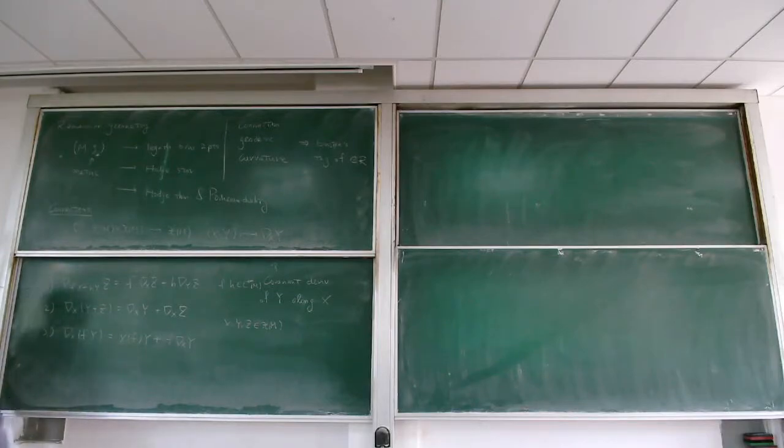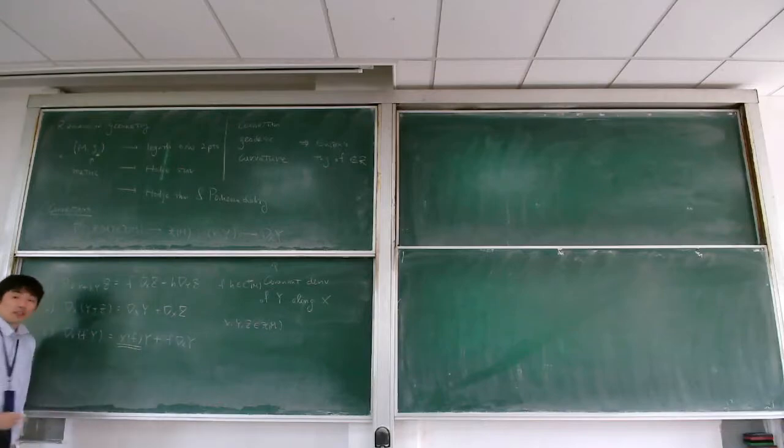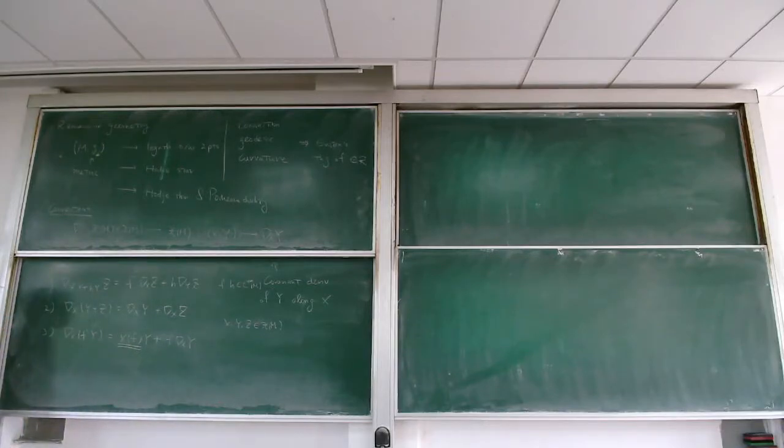So this quantity is an element of what? A vector field acts on a function, and what do you get? Do you remember? If a tangent vector acts on a function, you get a real number.